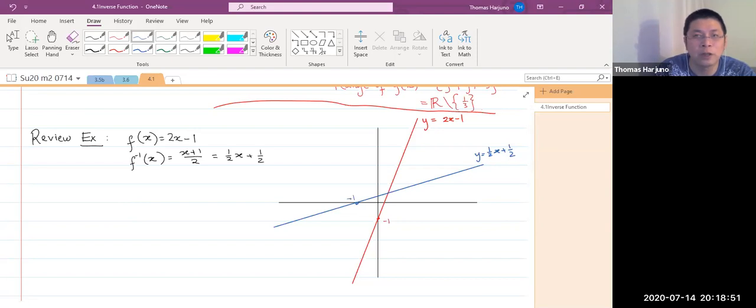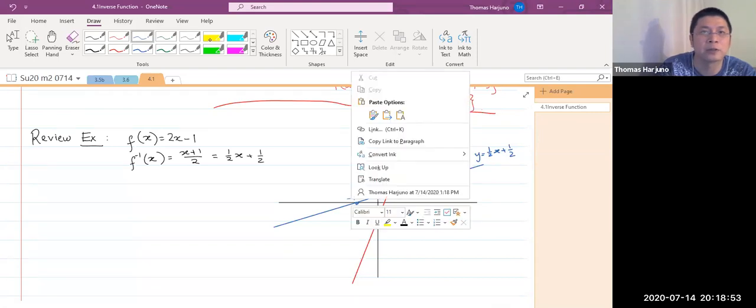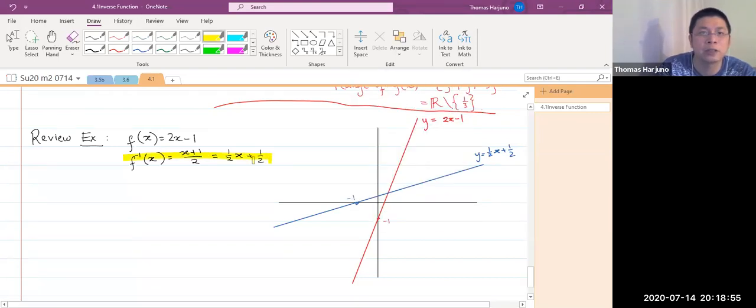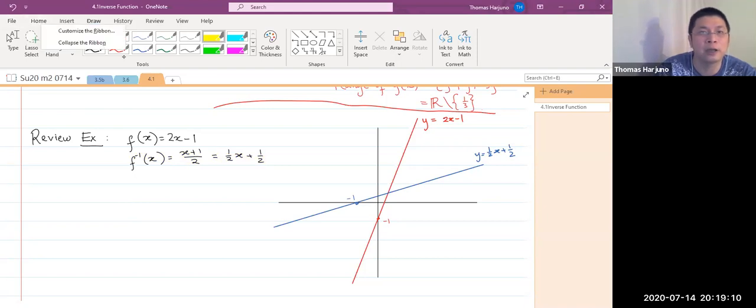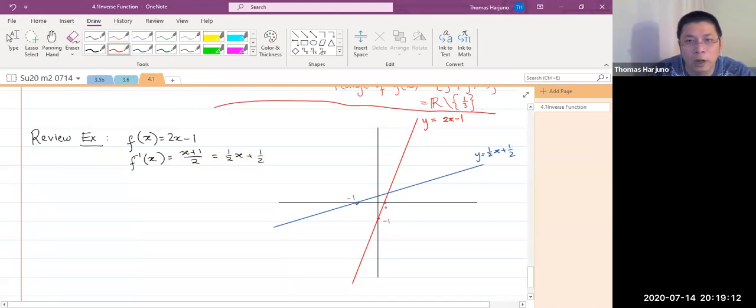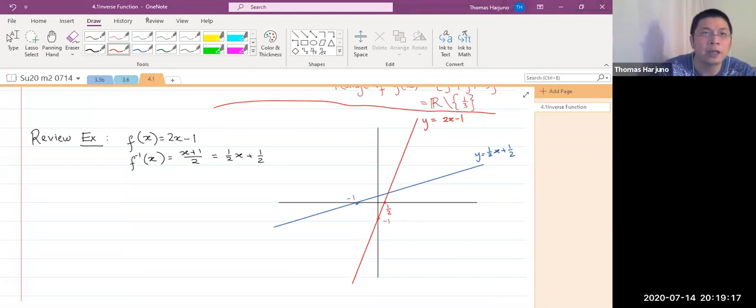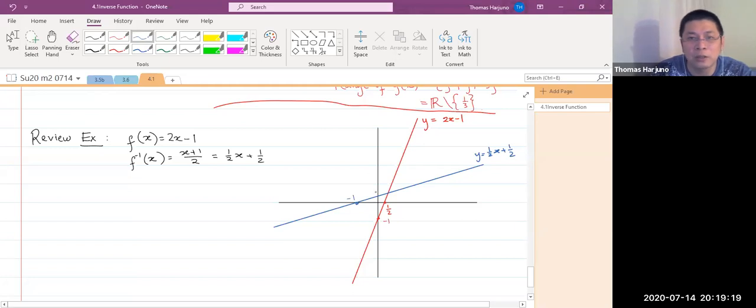You can try to find the x-intercept of this inverse function, and you will get x equals -1, such that the x-intercept is (-1, 0). Likewise, the x-intercept of the original function f(x) is (1/2, 0), which is the y-intercept of the inverse function, (0, 1/2).